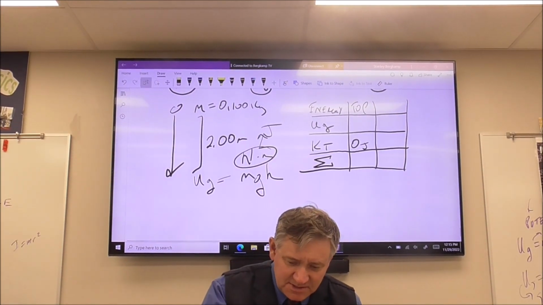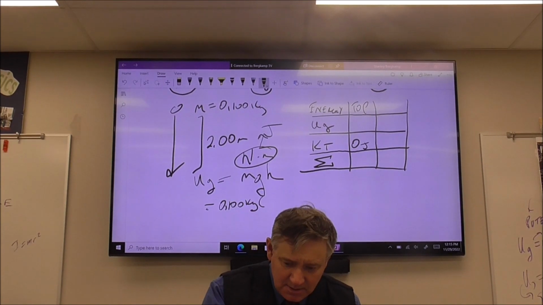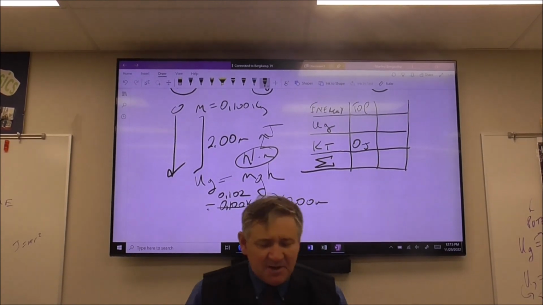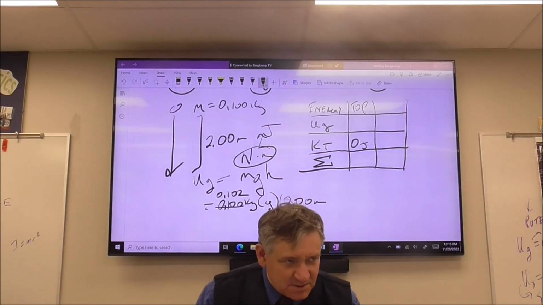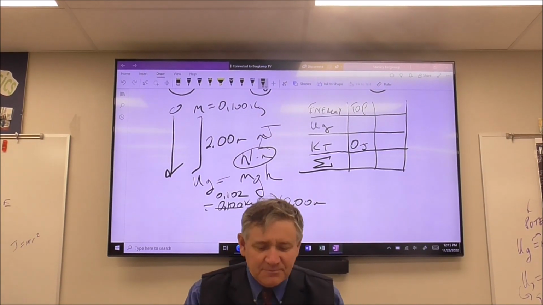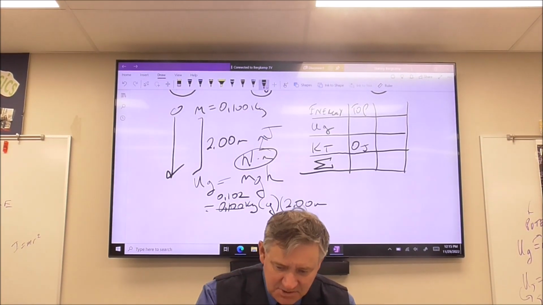So in this situation, I'm going to take 0.1 kilograms times G times the height of 2 meters. Now, actually, I'm going to change this up a little bit because it's going to make the math easier. I'm going to make the mass be 0.102. Okay, it's going to make the math work out just a little bit cleaner. So somebody take 0.102 times G times 2 meters.